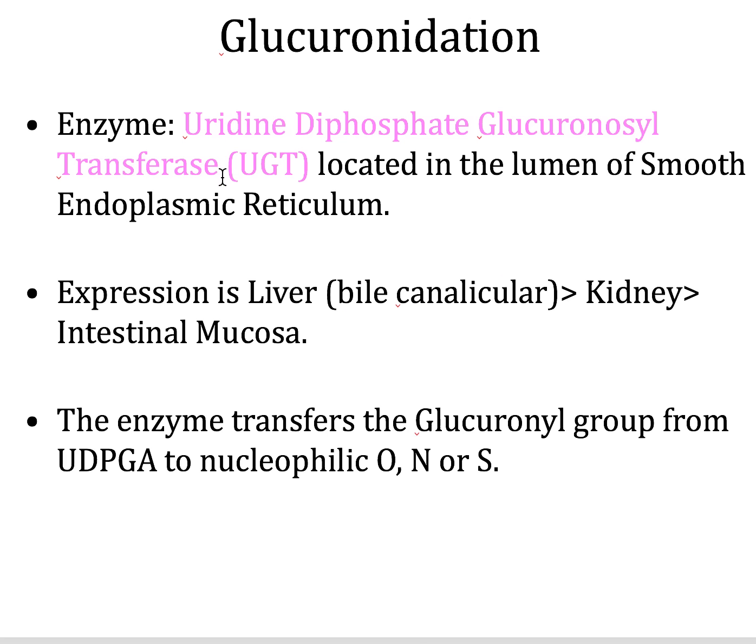Now, UGT is the enzyme for glucuronidation. Sorry about my language, but I just cannot pronounce it for some odd reason. It is located in the smooth endoplasmic reticulum of the liver.